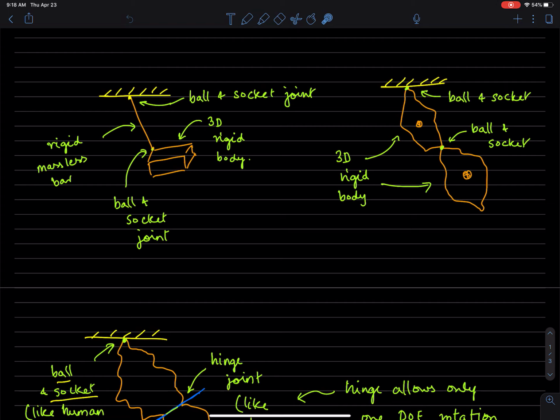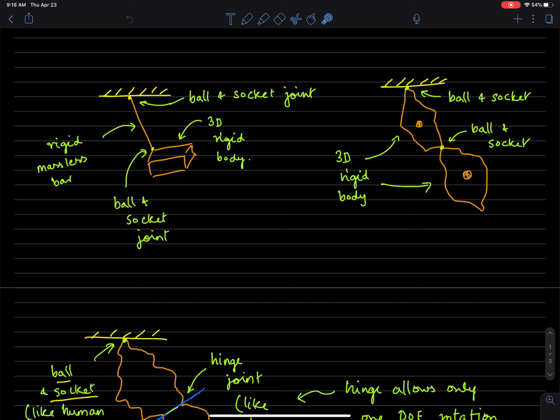You can think about how you would simulate something like this. Yet another kind of double pendulum is maybe the most direct extension of the double pendulum in 2D, which is two rigid bodies, both having mass and moment of inertia. And then each of these rigid bodies is connected to each other and to the ceiling by a ball and socket joint.